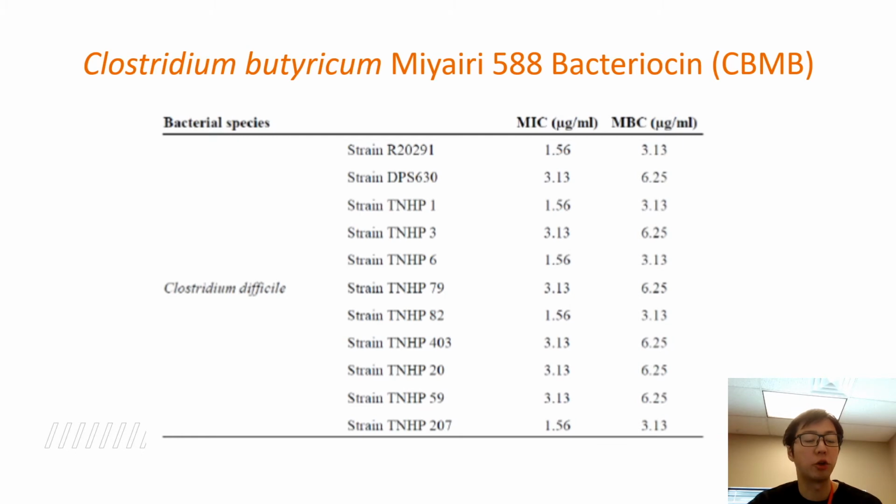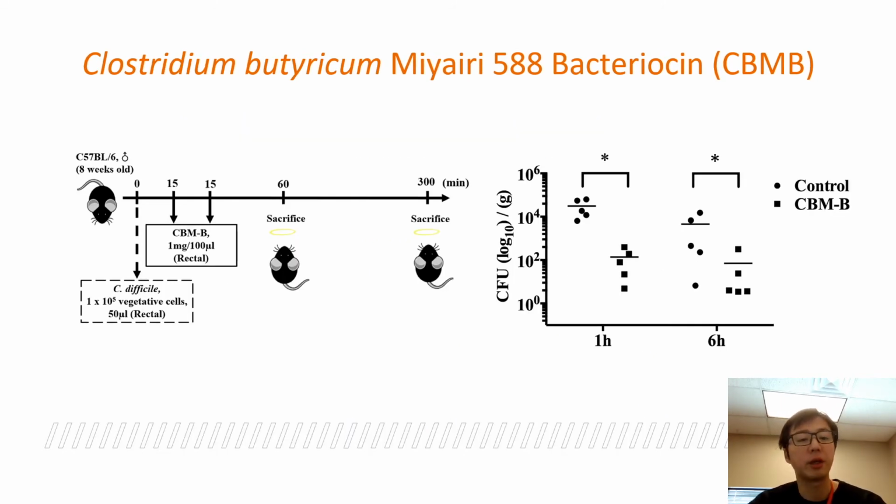And here is just showing that different clinical isolates of C. difficile that we have in the lab, they are all equally susceptible to the bacteriocin, and that's great. Okay, and so here in an animal model, what we did is we first infect animals with C. difficile bacteria, and then we treat them with our purified bacteriocin, and then we track over time the amount of viable C. difficile that still remains in the gut of the animal.